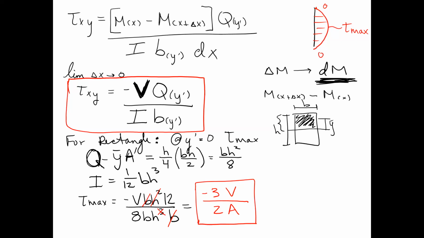If you're asked for the shear stress anywhere else on a rectangle, or if you're given a shape that's not a rectangle, you cannot use this formula. But if you're given a rectangle and you're asked for the maximum shear stress, I highly recommend you use this, because 3/2 times shear from your shear diagram divided by area is significantly easier than calculating Q and I.